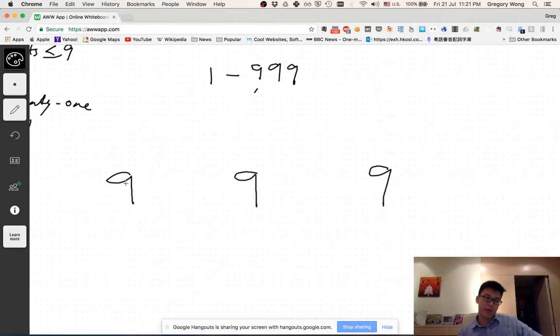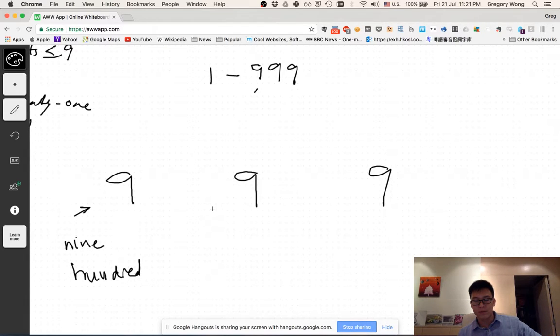We would look at this digit, and if it's 0, we don't do anything. If it's 1 to 9, then we say it's whatever that digit is, and add 100 to that.